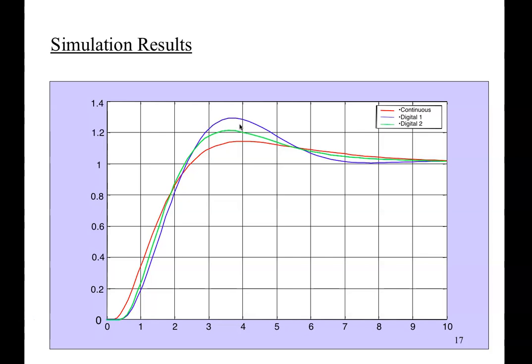And also, we don't have to change the circuit. If we need to retune the control or redesign a controller, all you need to do with digital control is change the software code. That is a lot easier than changing the circuit design.